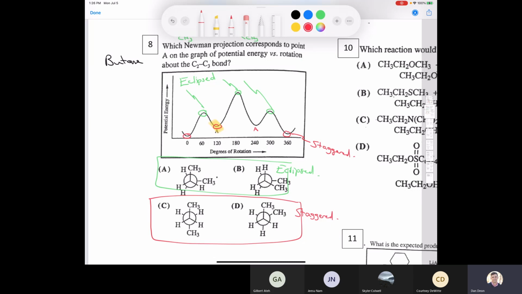Now what's the difference? The other point, which I'll highlight in blue, this point here, is also a staggered conformation, but it's even lower in energy. So if I compare C and D, which one of these would be lower in energy of the two? Is it C or D?